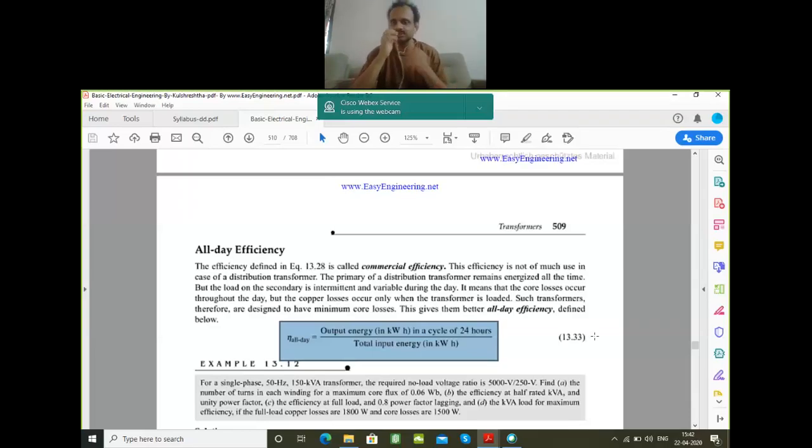I request all the students to submit their assignments. It is very much essential because I have to correct the assignments and put the marks before the college reopens. I request all the students, both A section and B section, to submit the assignment by email.